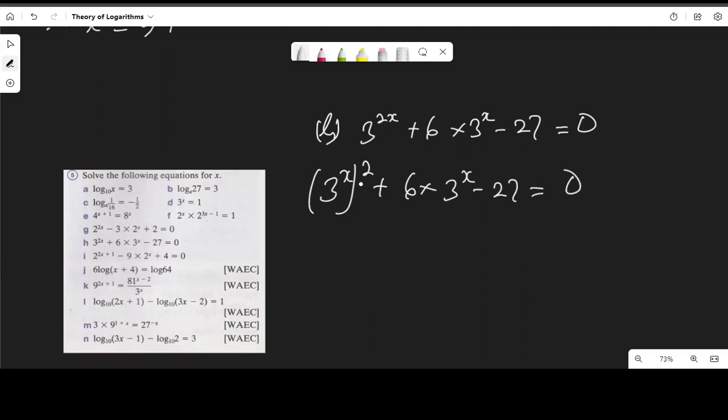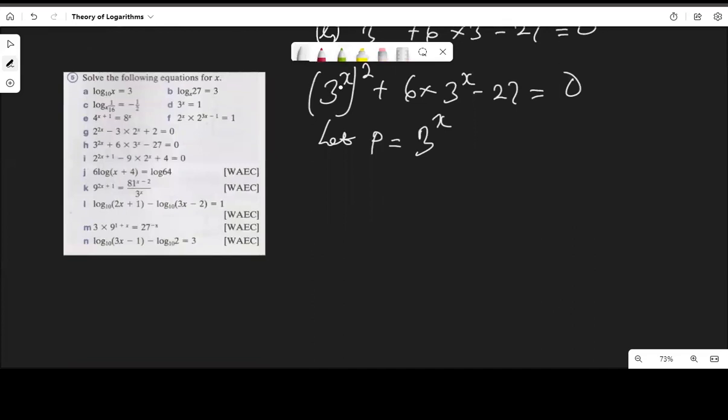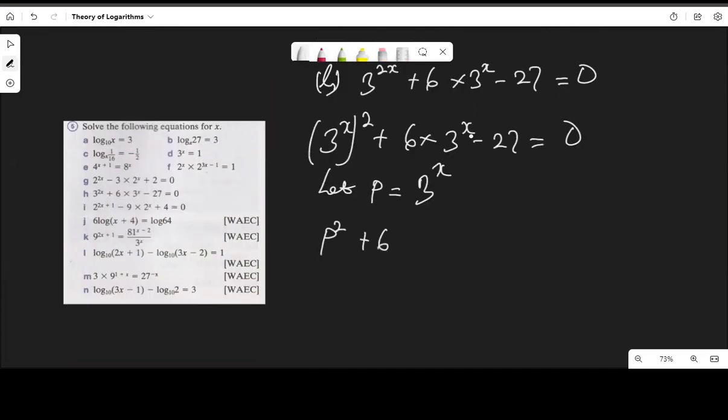So I have 3 to the power of x here, I have it here, I can replace it. Again, let me use p. Let p be equal to 3 to the power of x. The first term then becomes p squared, plus 6 times p minus 27 equal to 0.